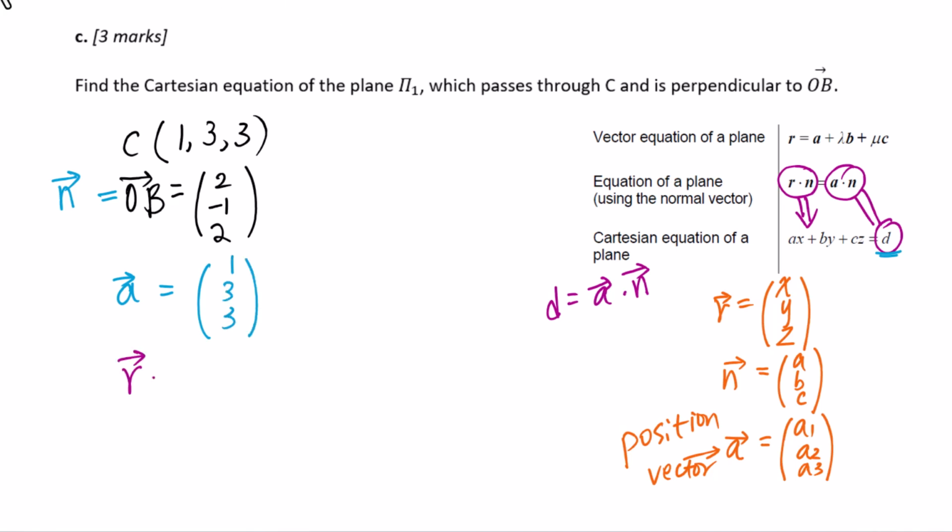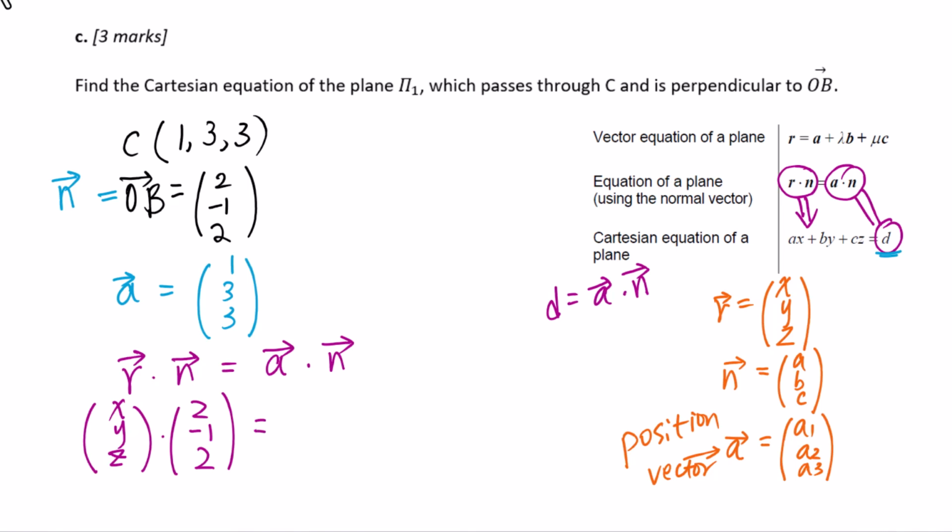So we can write down vector R dot normal vector N equals position vector A dot normal vector N. (x, y, z) dot (2, -1, 2) equals vector (1, 3, 3) dot vector (2, -1, 2).